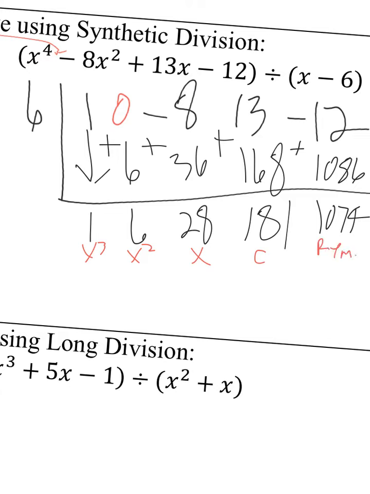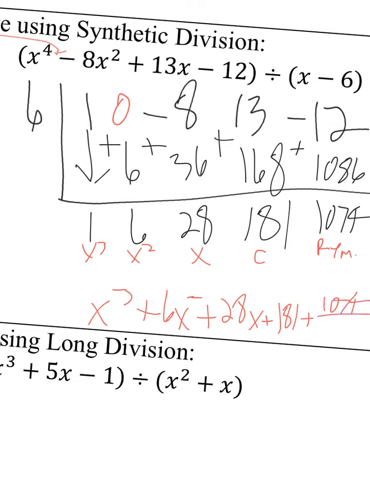So I'm going to say my final answer is x to the third plus 6x squared plus 28x plus 181 plus 1074 over, what were you dividing it by? I was dividing it by x minus 6. And that's really all there is to it.